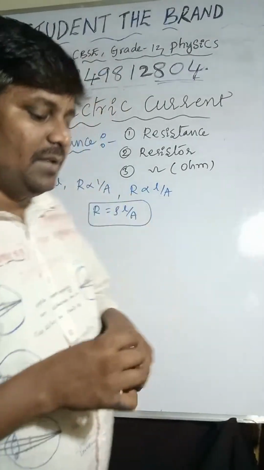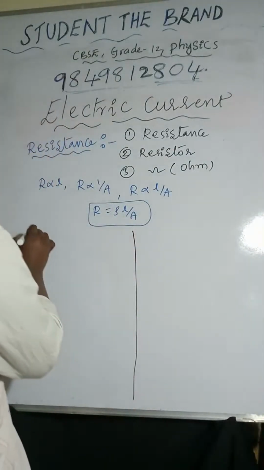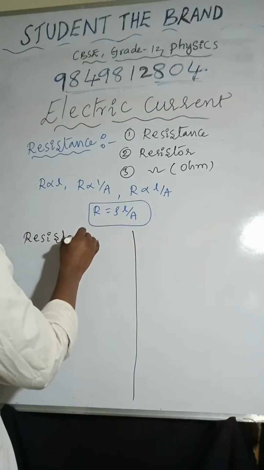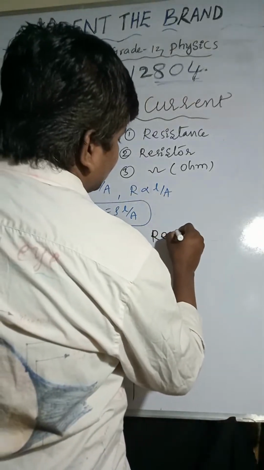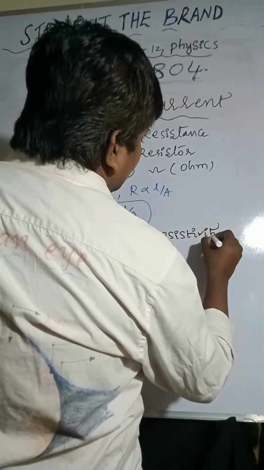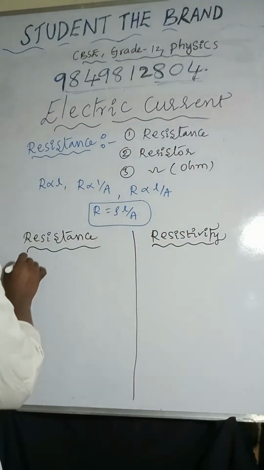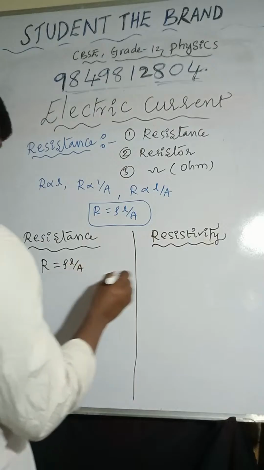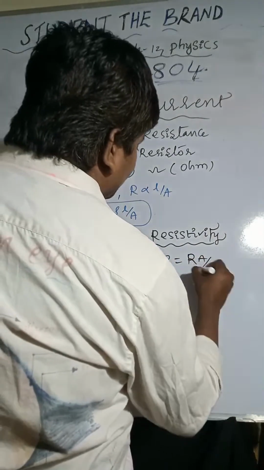Now we will discuss the difference between resistance and resistivity. So R equal to rho into L by A. Here rho equal to RA by L.